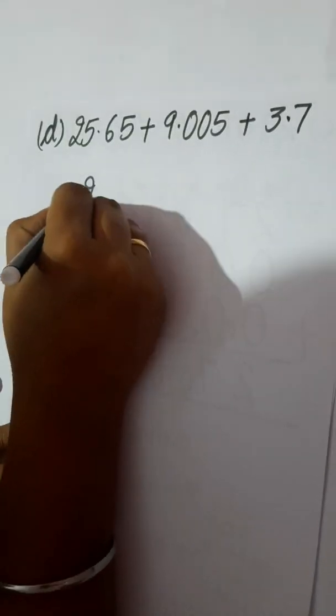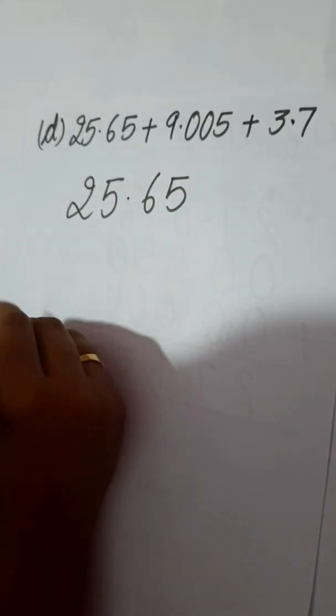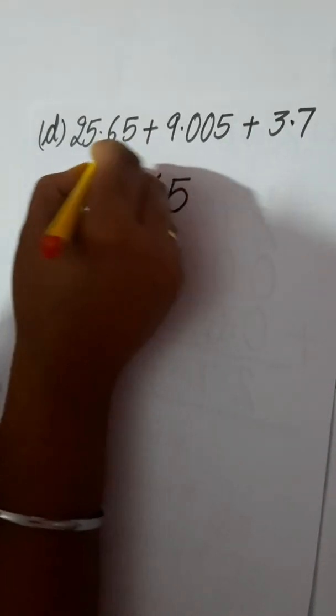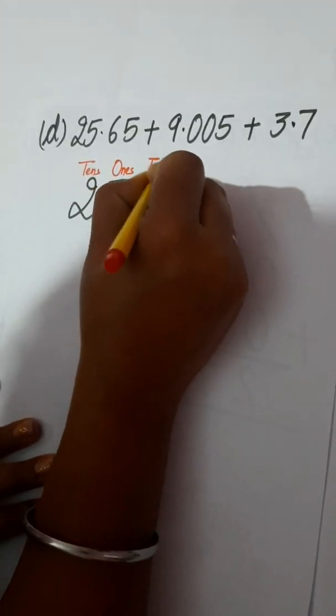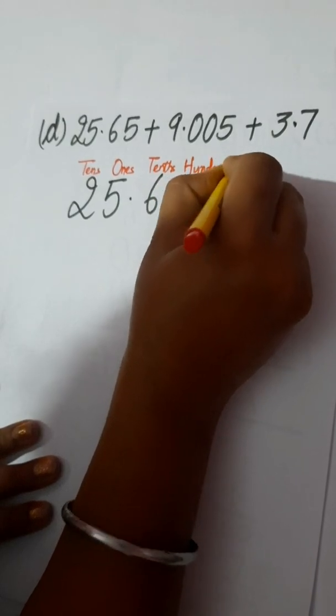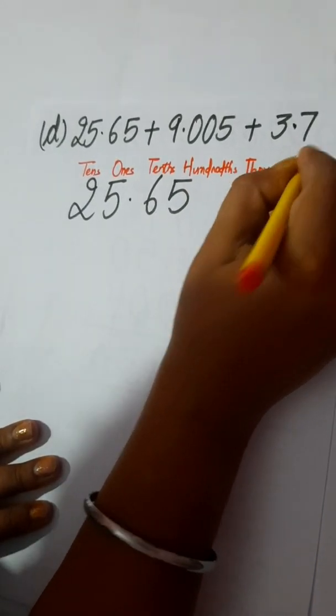Here firstly you will write 25.65. We know that this is at the ones place, tens, tenths, hundredths, then we have thousandths.